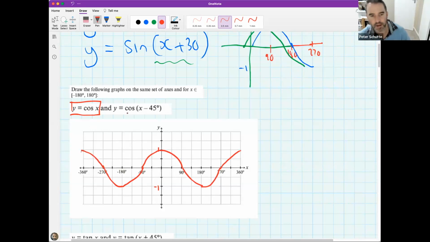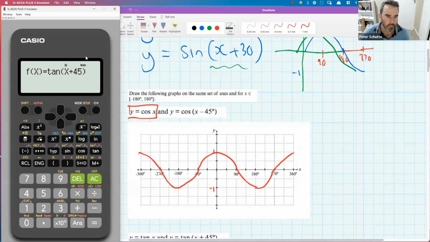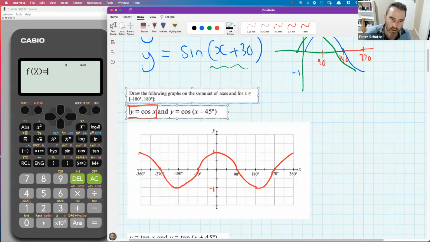Now, I want you to use your calculator to help you. Let me quickly bring my calculator onto the scene. Using the tools that we've used so far, I want you to try and draw the graph of y equals cos x minus 45.